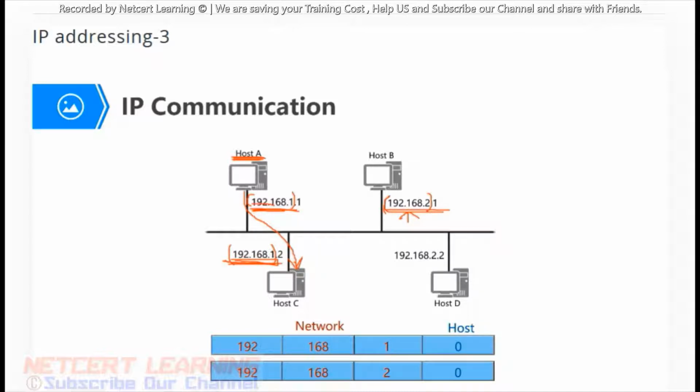The source will find the gateway. For example, if you deploy a router between these two networks, then this address is the gateway. The source sends the packet to the gateway, then the gateway searches the routing table and sends it to the destination.